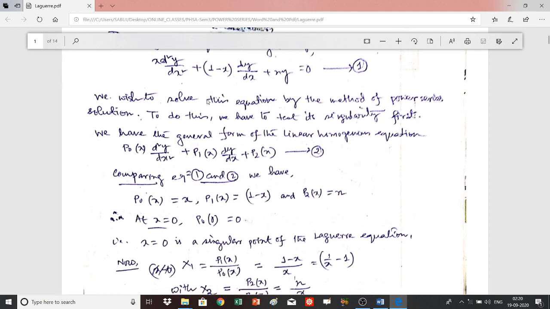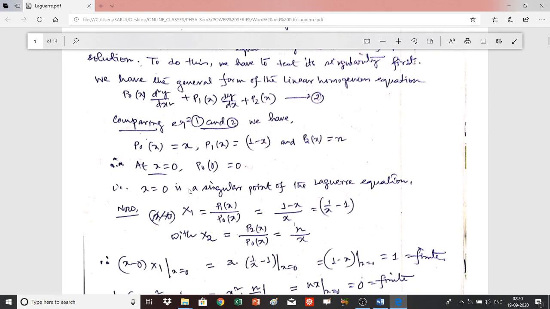So to do this, we have to first find capital X1(x), that is equal to p1(x)/p0(x), that is (1 minus x)/x, that is equal to 1/x minus 1. Now capital X2(x) is equal to p2(x)/p0(x), and it is equal to n/x. The values of p2 and p0 are substituted from here.